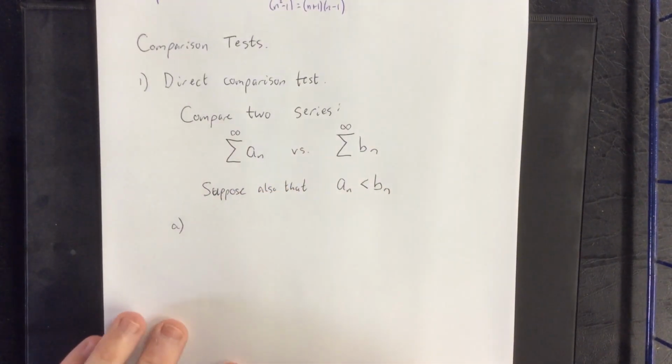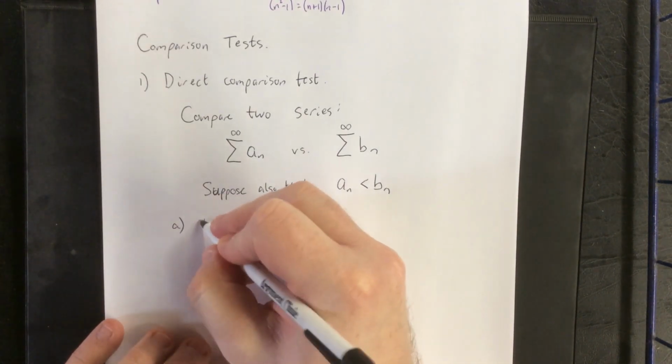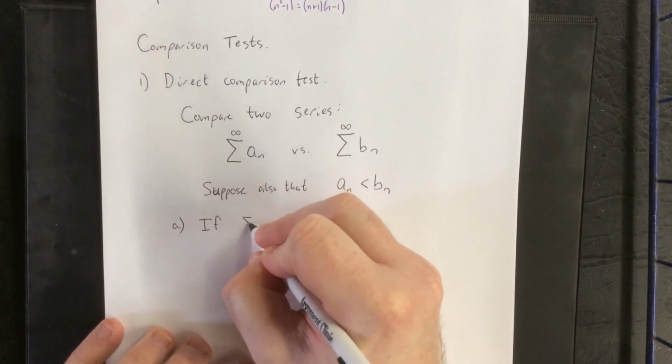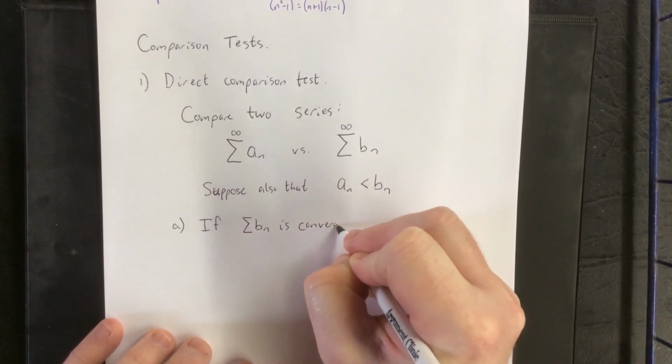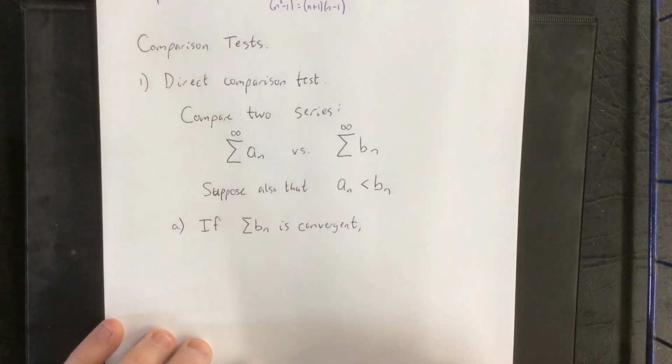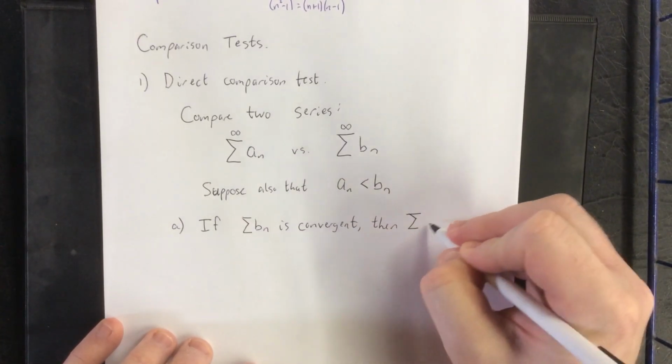You are allowed to draw one of two conclusions. If the larger series is convergent, that means we actually get a sum out of it, then the smaller series is convergent as well.